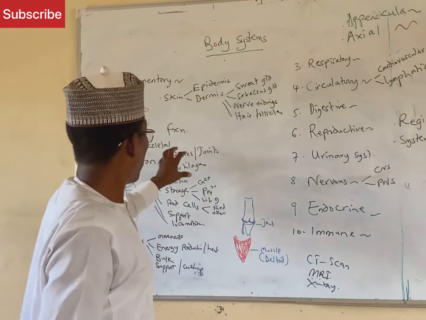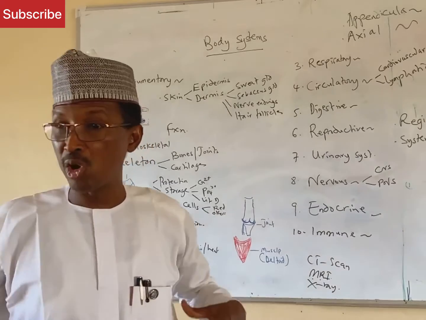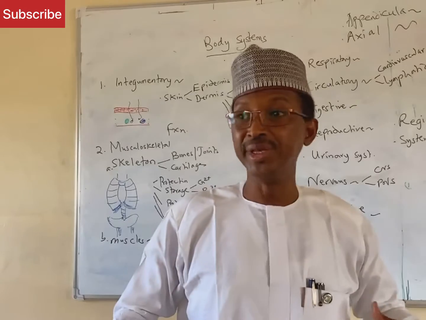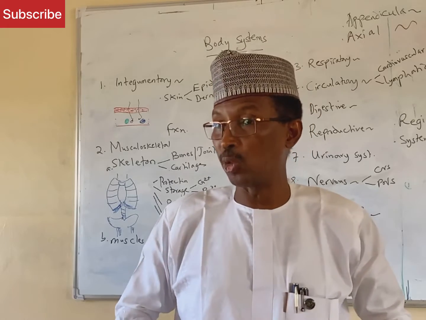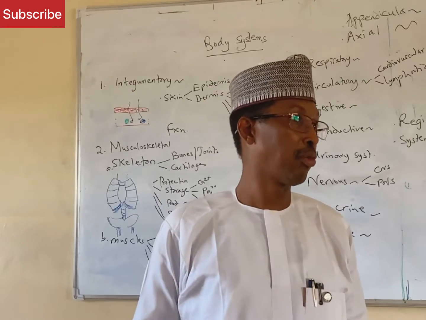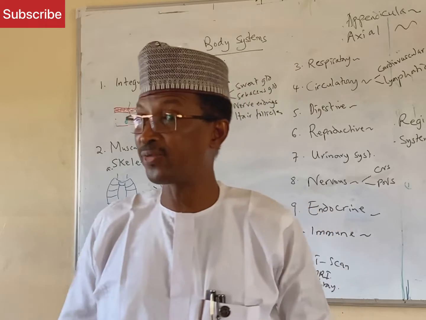So the bones are just like a framework upon which our body is built, because all our internal organs are surrounded by these bones. So they serve as a protective mechanism.